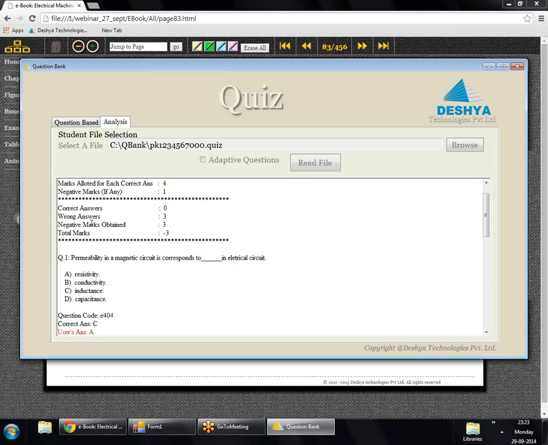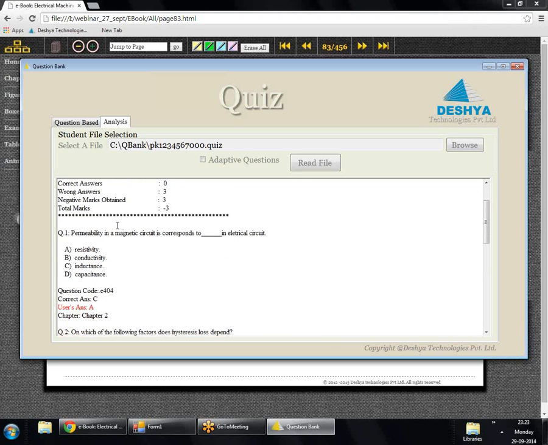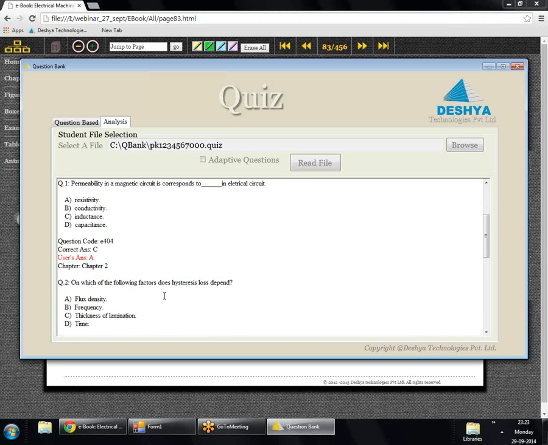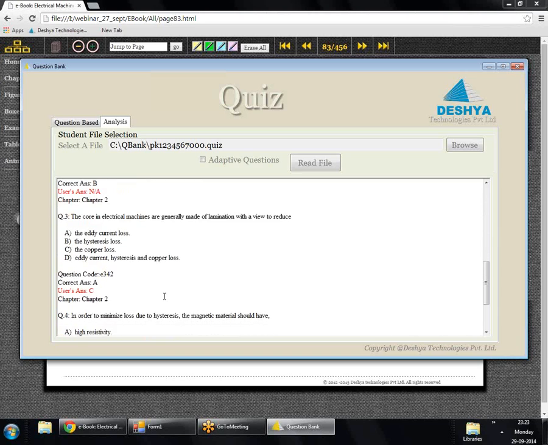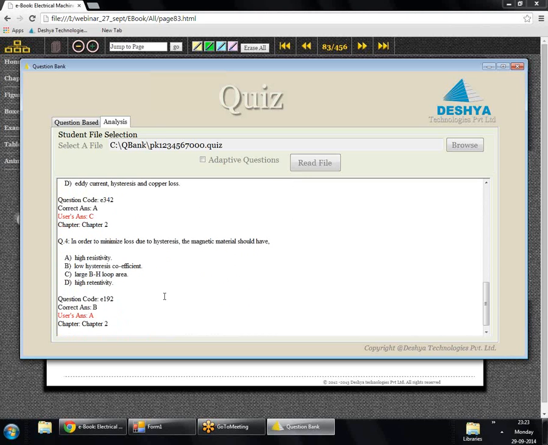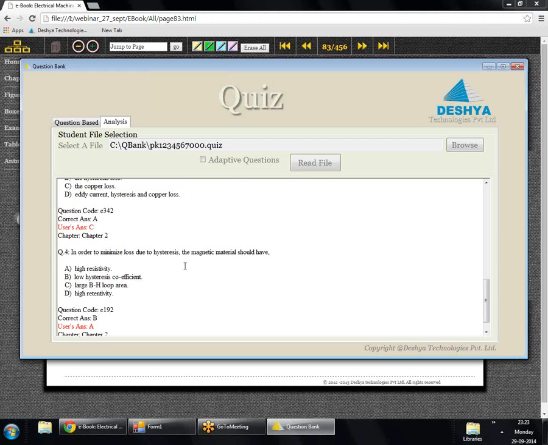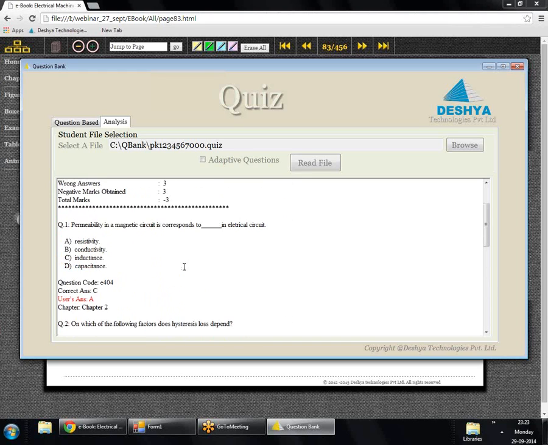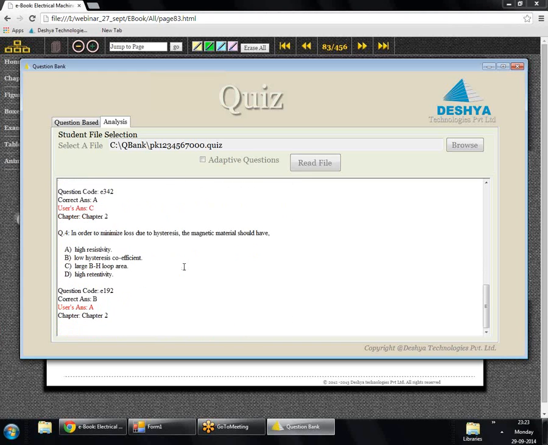Here you see the complete details of my answer script. This helps the teacher to identify the topics which the student could not understand properly and help him through those topics. It's a very helpful tool for teachers as well, because they get a complete overview of the answers that the students gave.